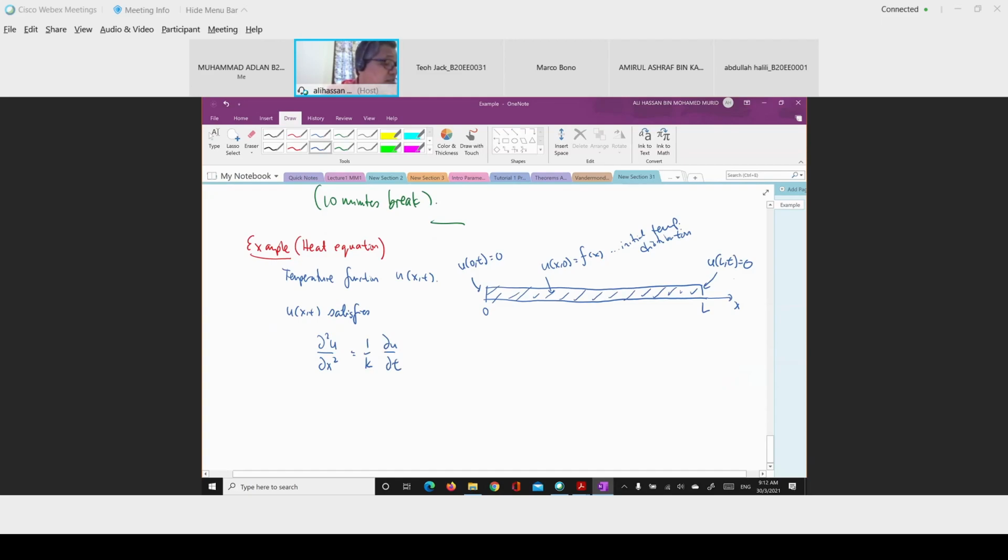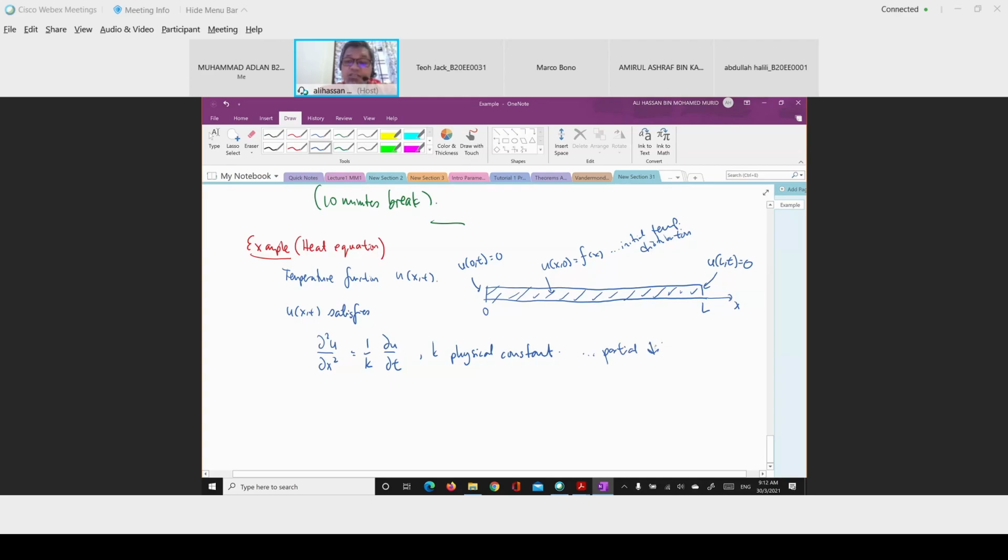This is called the heat equation, where k is some physical constant. We want to determine how the temperature along the bar varies with time.